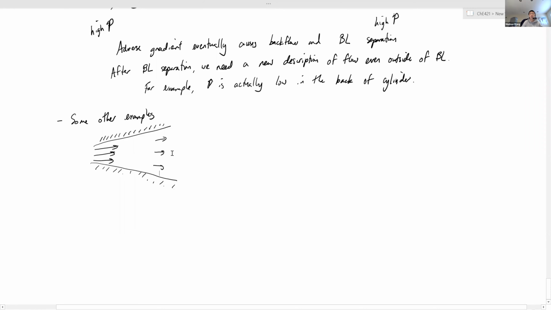Okay. And what you saw in that was that you have boundary layer separation if the divergence angle is too large. Okay. This is the diffuser from the video.